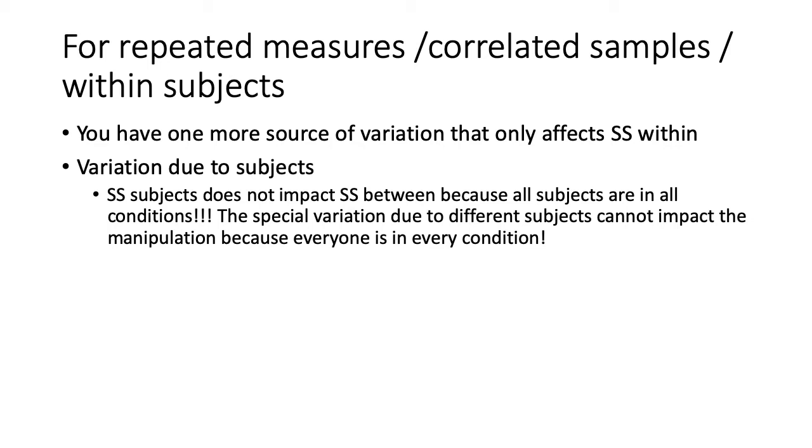So we see our original formula, sum squares total equals sum squares between plus sum squares within. But now we have a subformula for sum squares within. Sum squares within equals sum squares subjects plus sum squares residual plus sum squares all other error plus sum squares we don't know, plus sum squares error is what we most commonly call it.